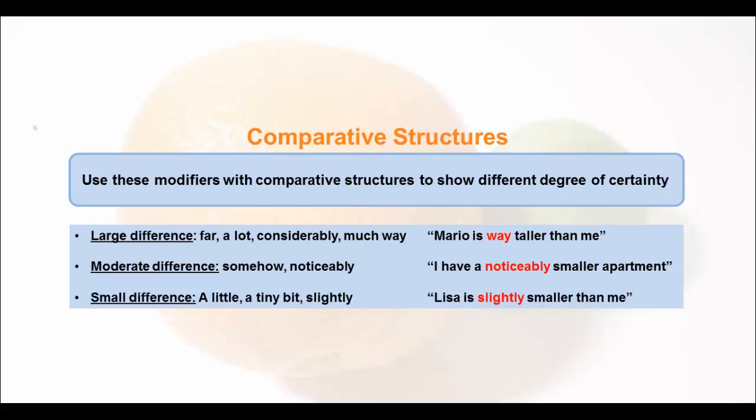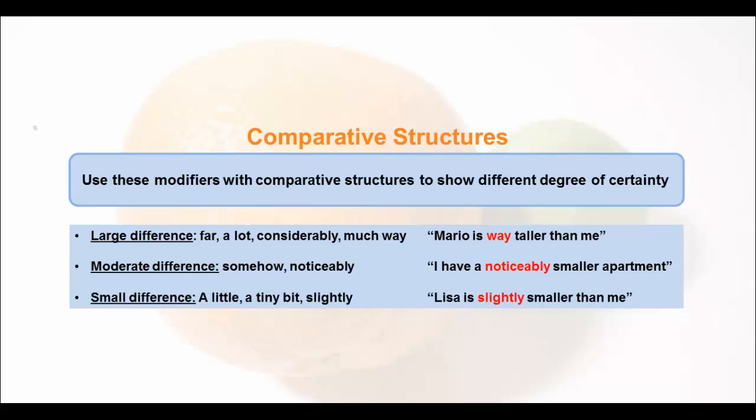Use these modifiers with comparative structures to show different degrees of certainty. To show a large difference, use words like far, a lot, considerably, much, or way. Mario is way taller than me.